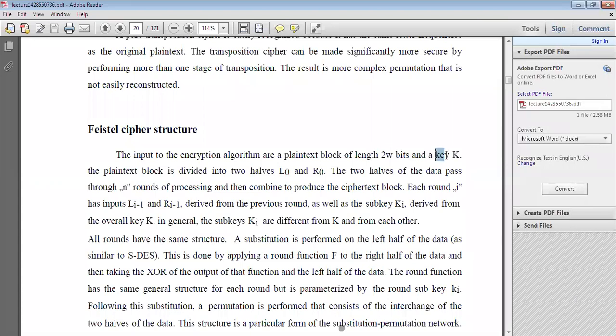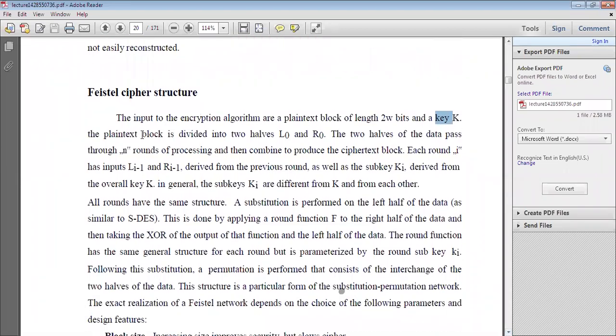And you use a key to encrypt the data. So consider both the plain text and the key. First, the plain text is divided into two parts: one is L0 and the second is R0, the left side part and the right side part.